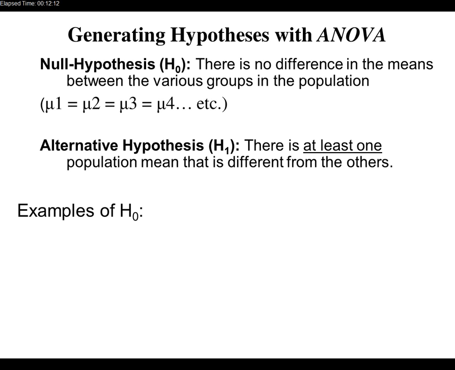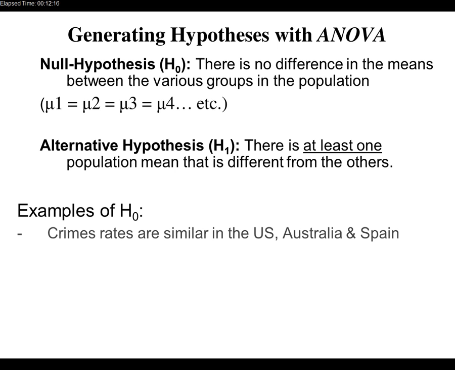Okay, here's some examples of null hypotheses. Crime rates are similar in the U.S., Australia, and Spain.